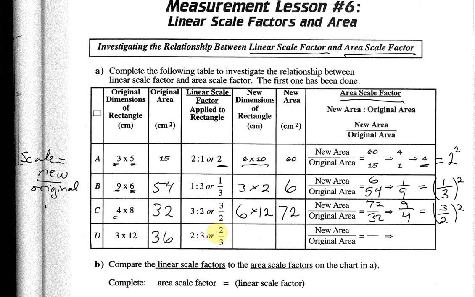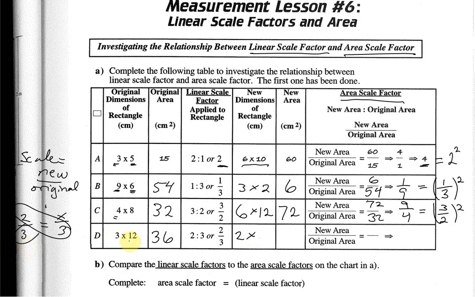This number is less than 1, which means that it's a reduction, and scale is always new over original. So 2 over 3 is equal to new over original. Cross multiply, divide. 2 times 3 is 6, and 6 divided by 3 is 2.